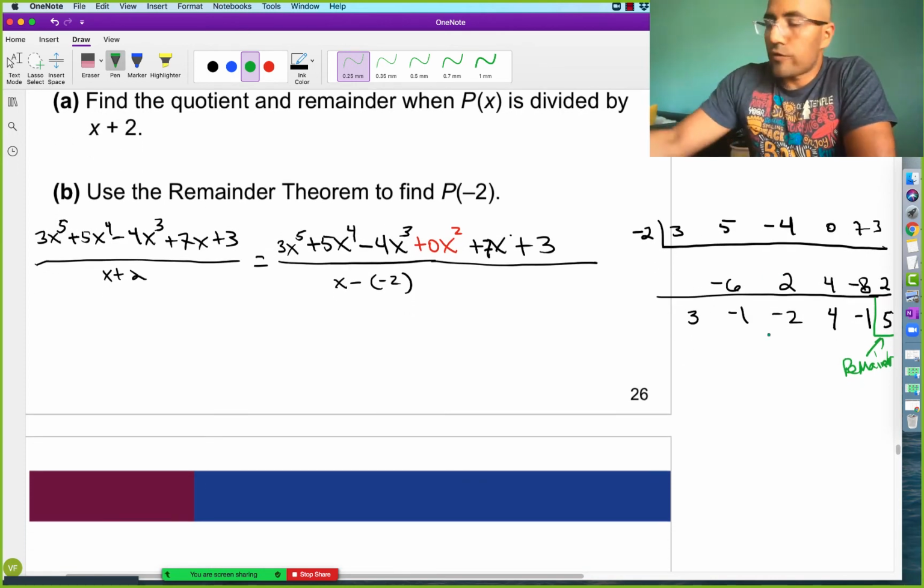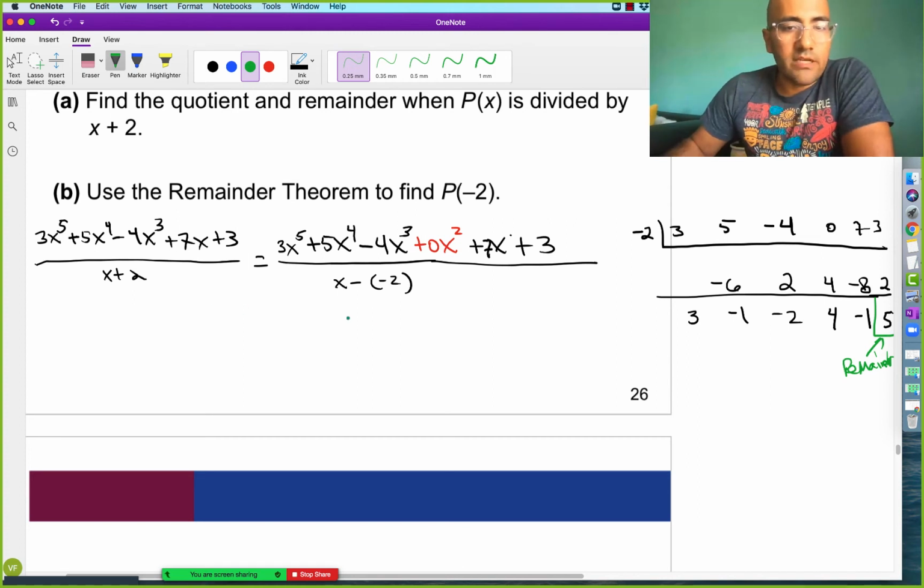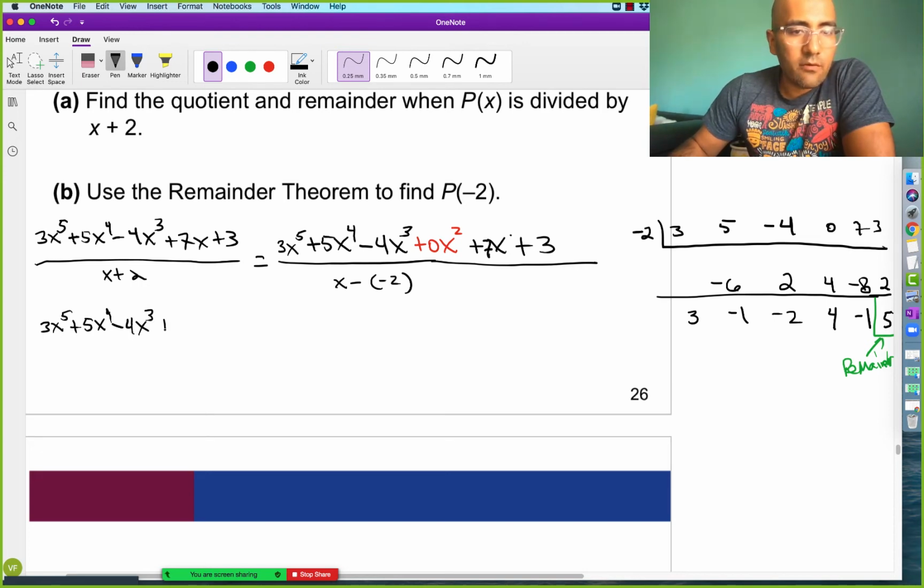Okay, so according to synthetic division, it must mean that this little division right here is equal to, so this 3x to the 5th power plus 5x to the 4th power minus 4x to the 3rd power plus 7x plus 3 is equal to the quotient times the divisor. It's going to end up being x plus 2 times this.